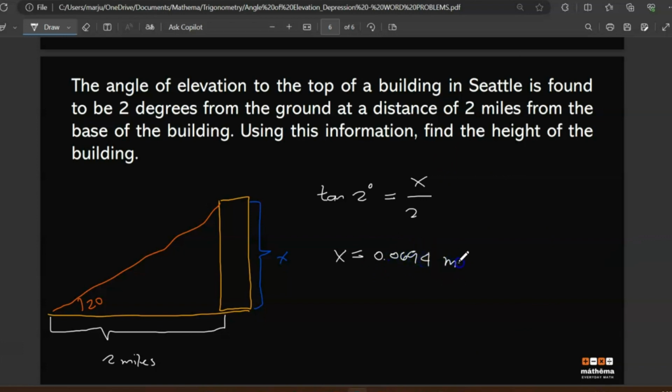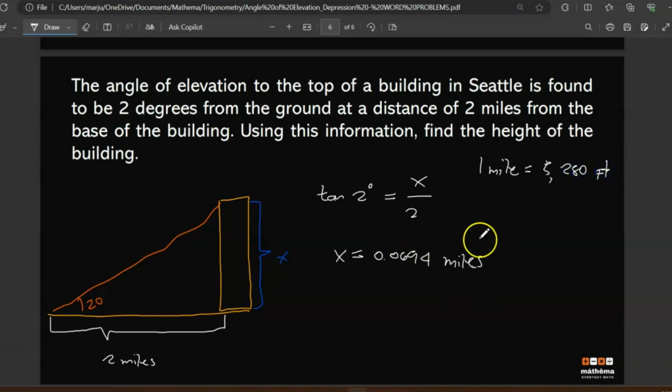This is in miles, but it is very unlikely that we make use of miles in terms of measurements. So let's convert this into feet, because we are asked to find the height of the building. Remember, 1 mile is equal to 5,280 feet.